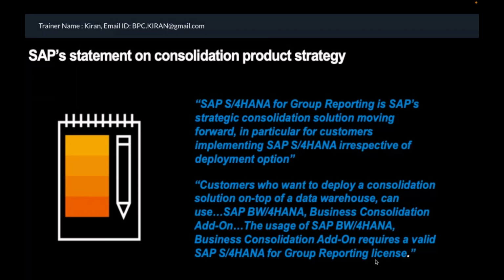So on top of BW for HANA, you can implement group reporting. There is an SAP note; whoever wants to know, let me know and I will send that SAP note number. In that note, they mention the deployment options of group reporting on top of BW for HANA.